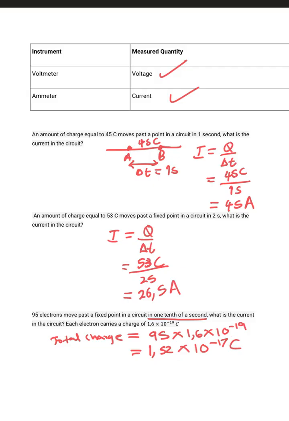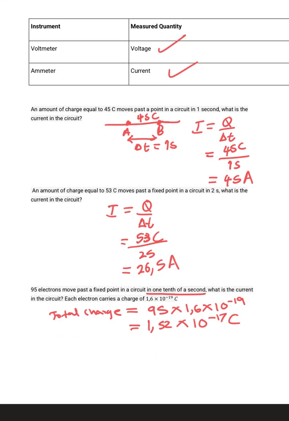We are also told the time: delta t is equal to 1/10 of a second, which is 0.1 second. We want to calculate the current, so we use the formula I equals Q over delta t.